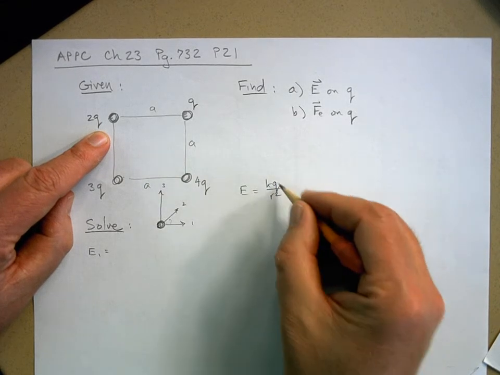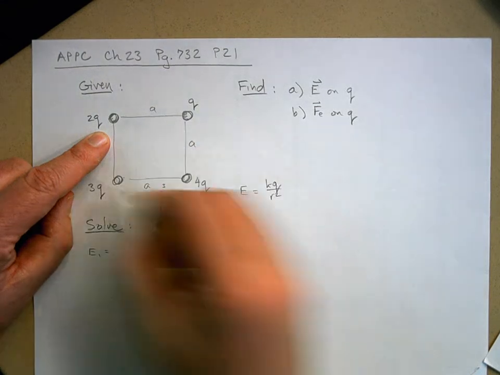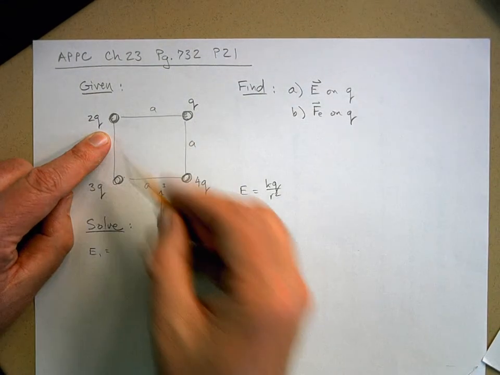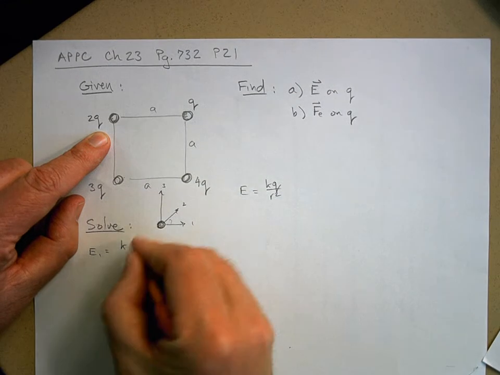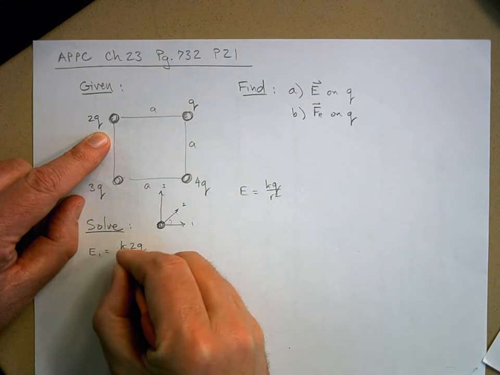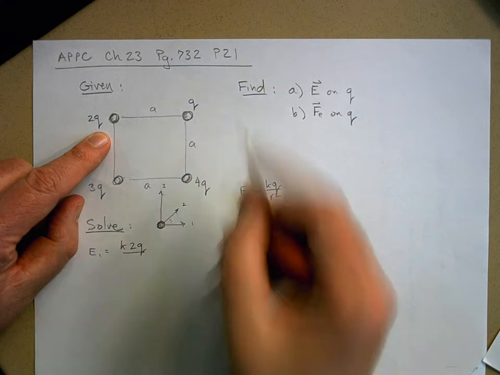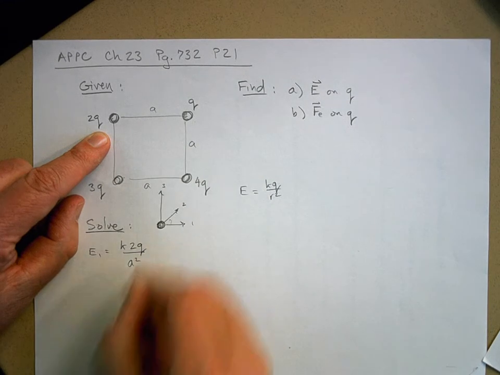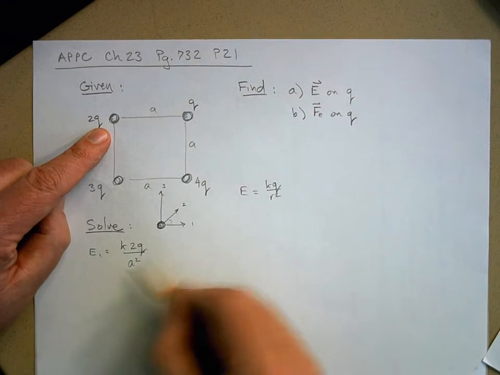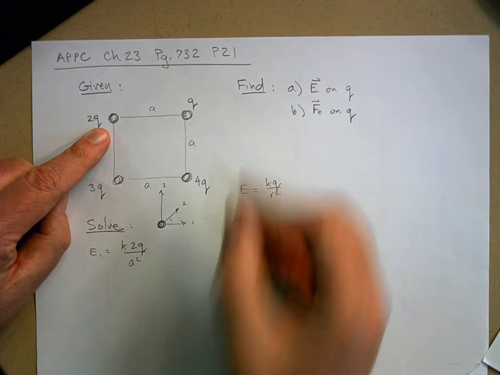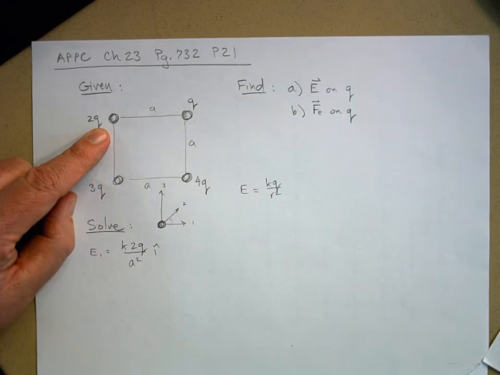But now this is just the generic Q, not the specific Q in this problem. So you'd say, okay, well, what is the charge on here? It's K, and then it's 2Q over R squared, but R squared is just A squared. And then you have to say, okay, what direction is the electric field in? This is the magnitude of the electric field. What direction is it in? It's in the I hat direction.